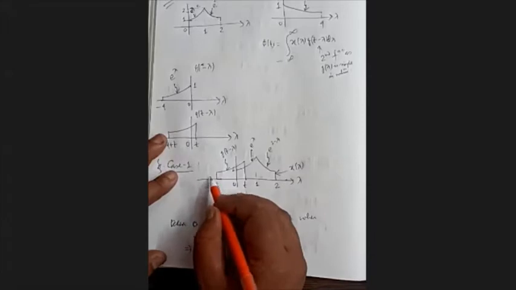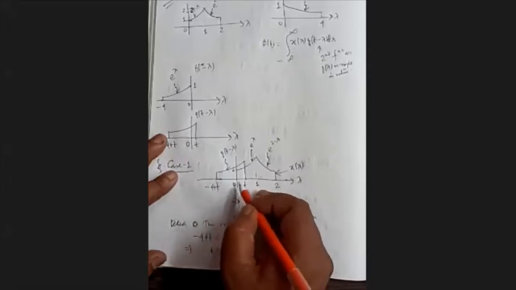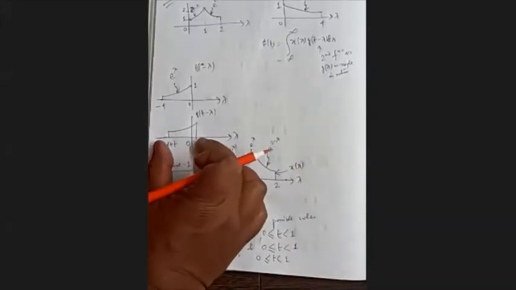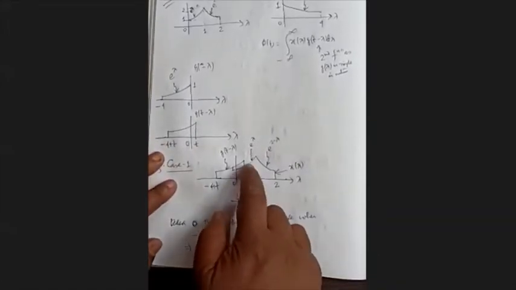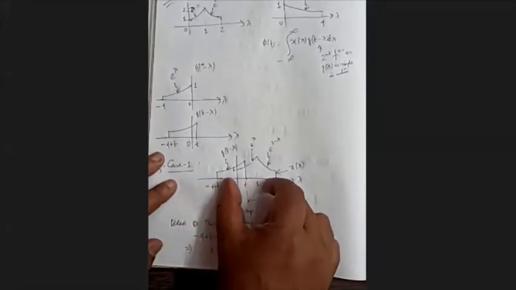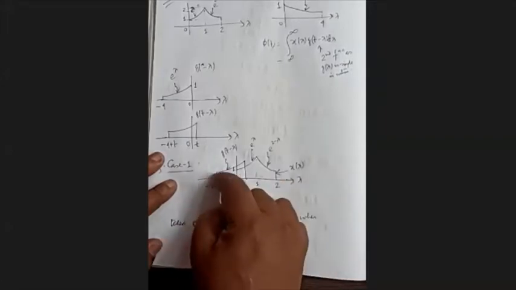Another condition will be there: -4 plus t should be less than 0, on the negative side. But note that since this function has a longer stretch, its width is much larger, even when t comes to the right of 1, in between 1 and 2, its trailing edge will still be on the negative side of 0.